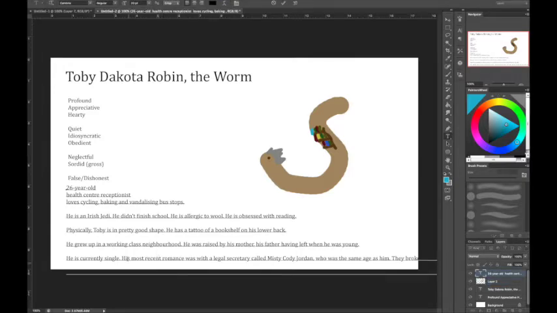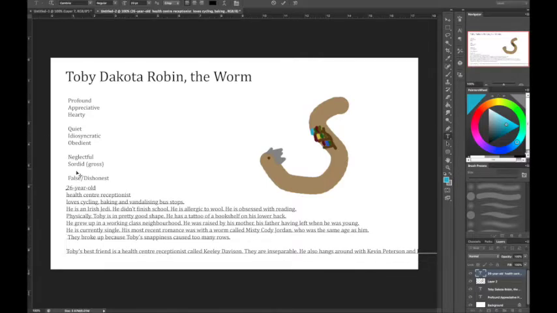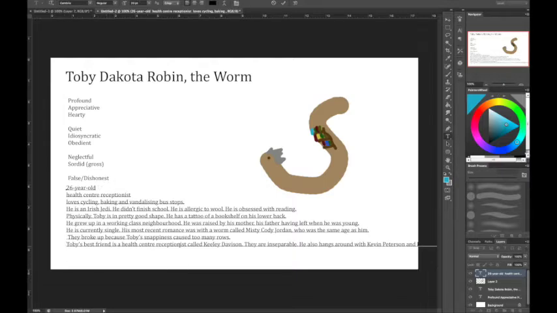He's currently single. His most recent romance was with a legal secretary called Misty Cody Jordan. I mean, let's say was with a worm called Misty Cody Jordan, who's the same age as him. Okay, so we also know that he's snappy. Toby's best friend is a health center receptionist named Keely Davison.